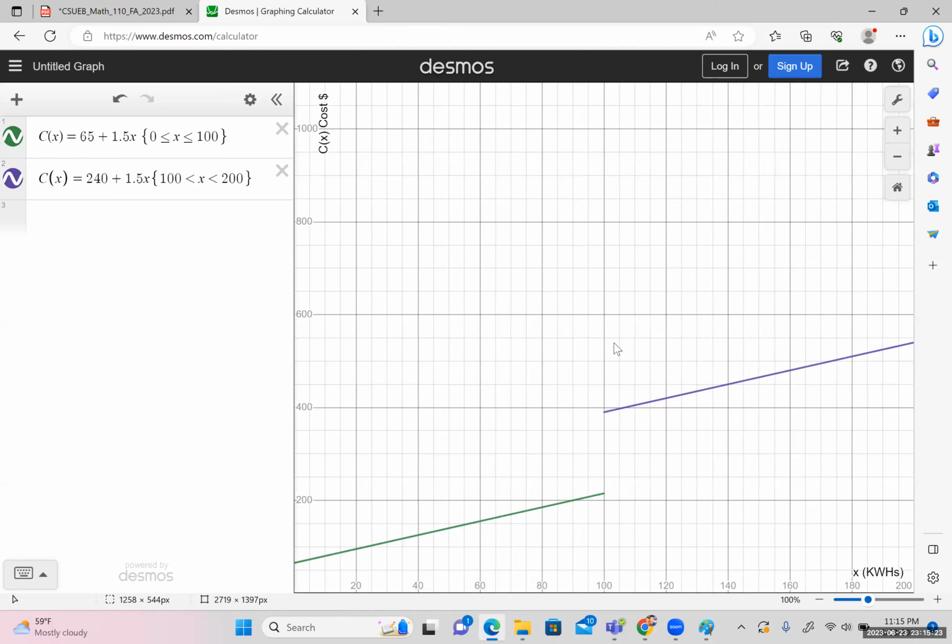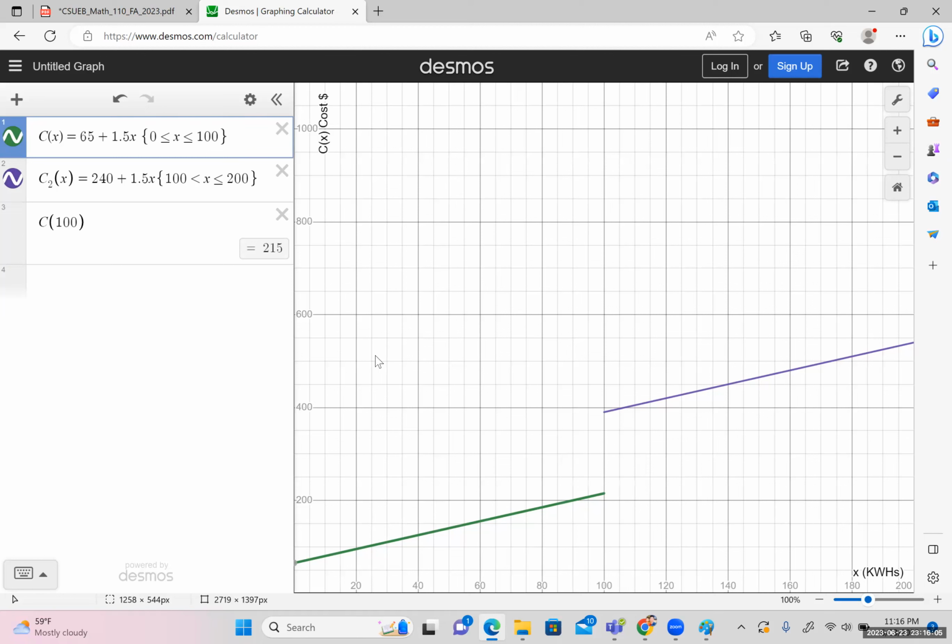So as you can see now, we have the piecewise function of cost. If I say C of 100, it looks like it's not a P right now. Maybe I may use it here. C of 100. So the cost for 100 people is going to be $215 here.